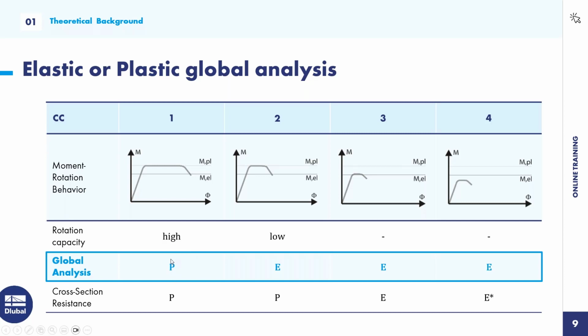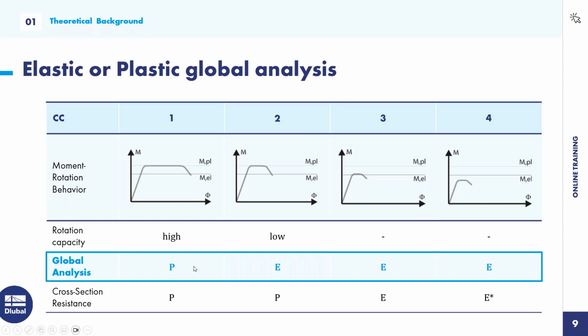For example, plastic hinges can be taken into account. Usually you won't do that. It's not so often used in practice. The cross-section resistance can be applied plastically.